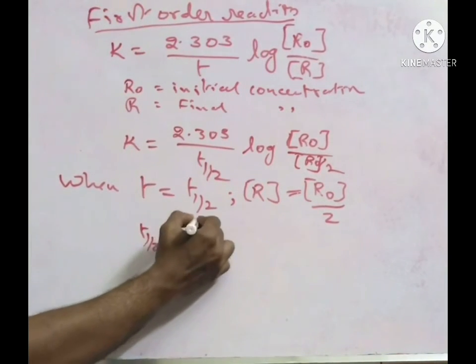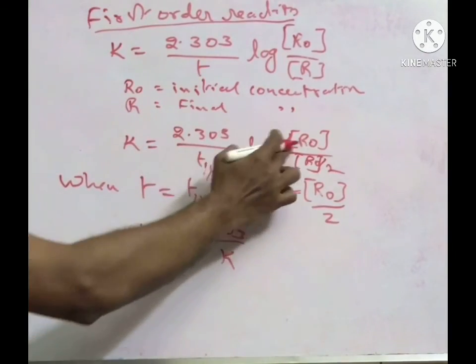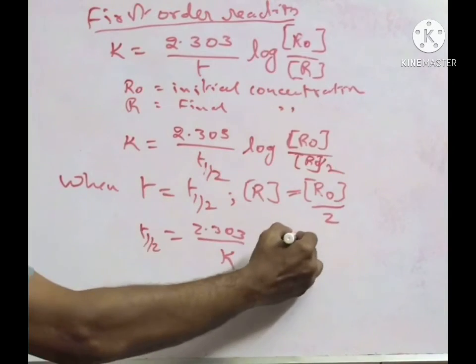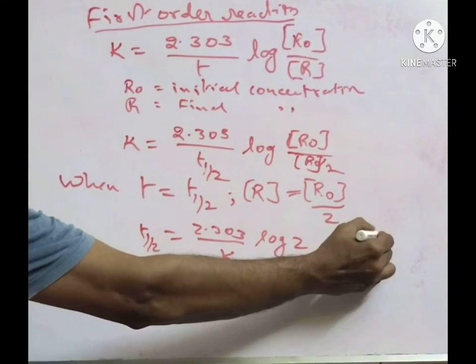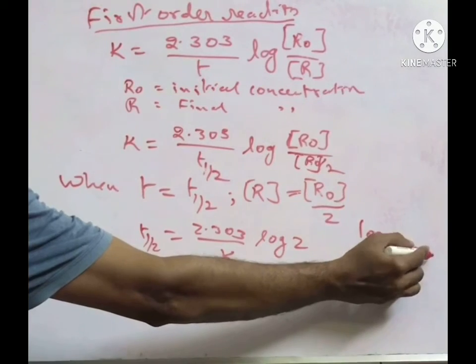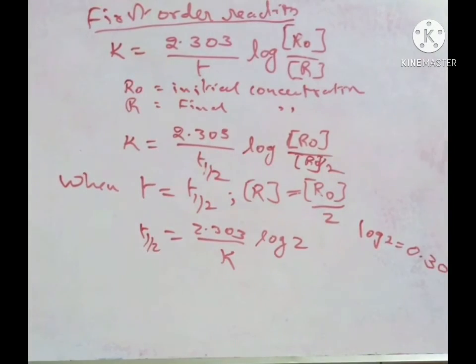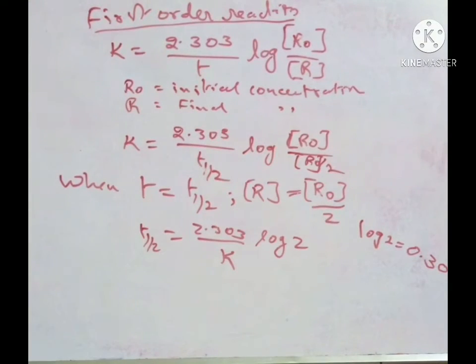So when you solve this equation, you can take T half to this side. T 1 by 2 equal to 2.303 by K log, R0 cancels, 2 goes to the top, log 2. Log 2 value is 0.3010. You can find this using the logarithm table, or if they give a question, they will give log 2 as a note.